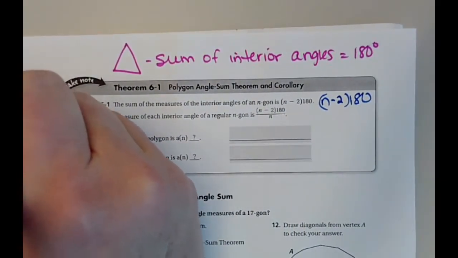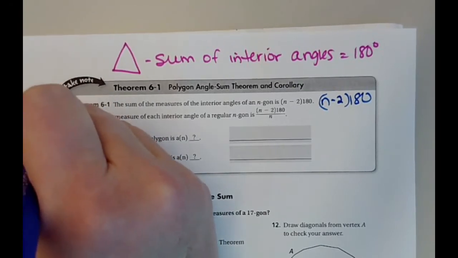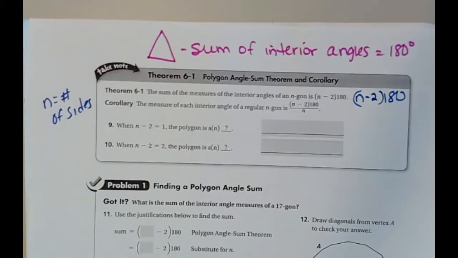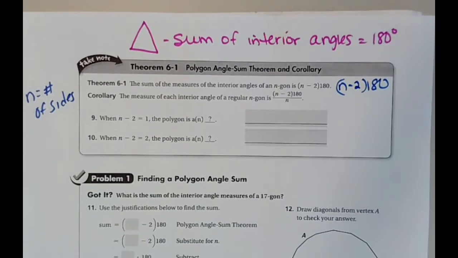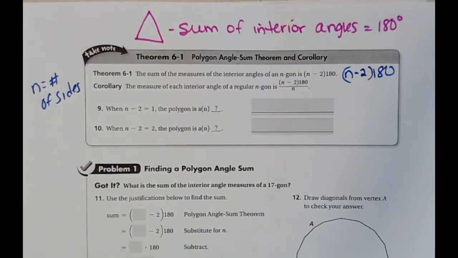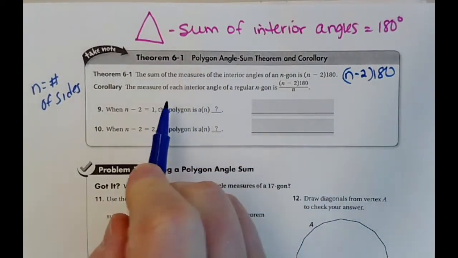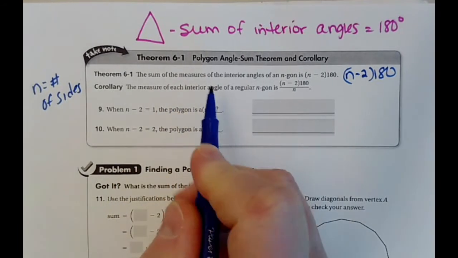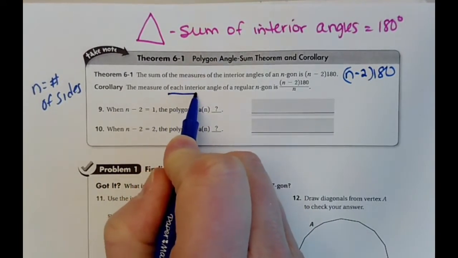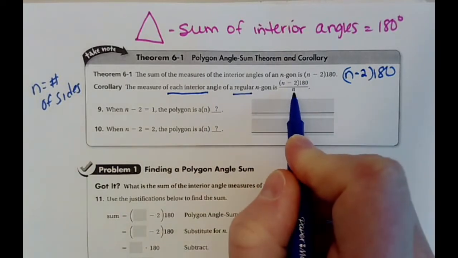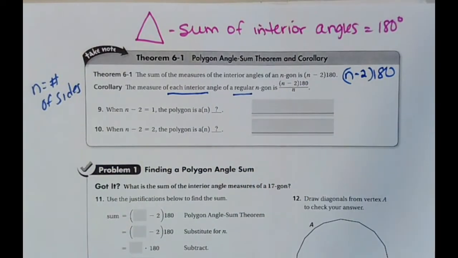If we have a regular polygon, or a regular n-gon, the measure of each interior angle is (n minus 2) times 180, divided by n. That's the formula to figure out how many degrees are inside the polygon.